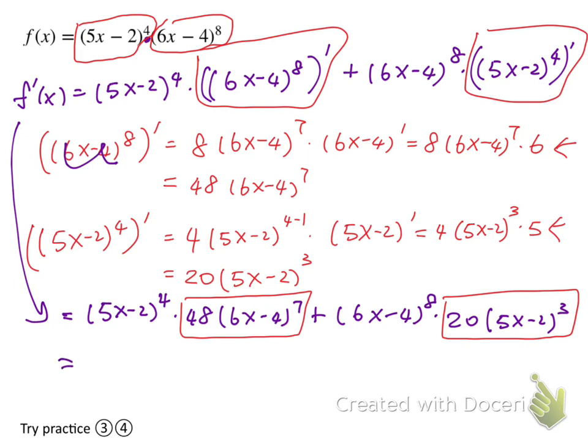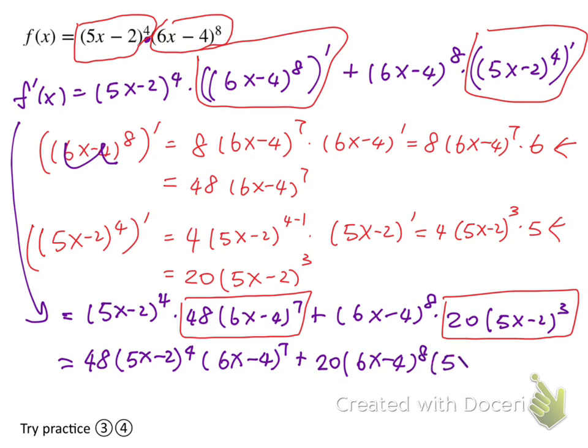I'm not going to factor out the common factors. I could, but I don't want to. So 48(5x - 2)^4(6x - 4)^7 + 20(6x - 4)^8(5x - 2)^3.